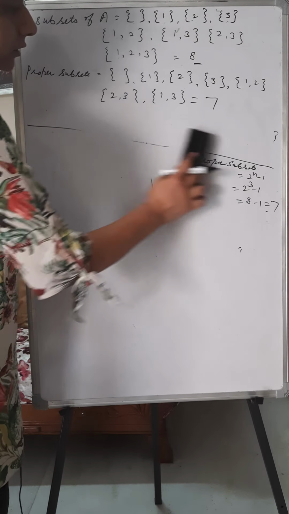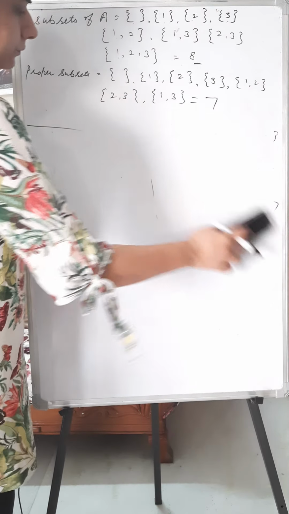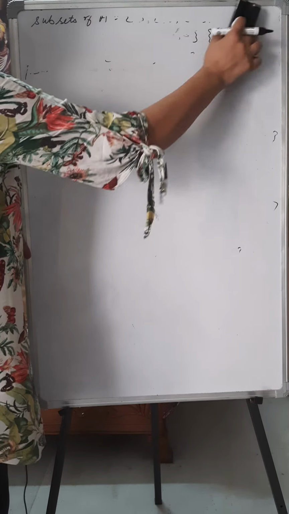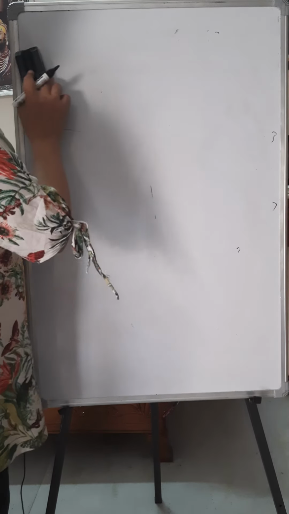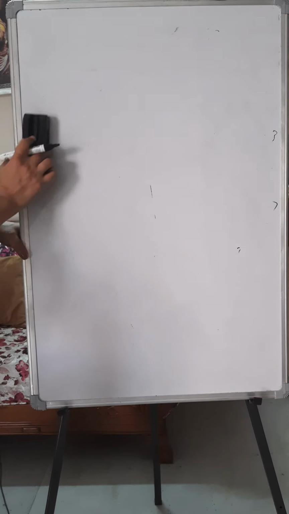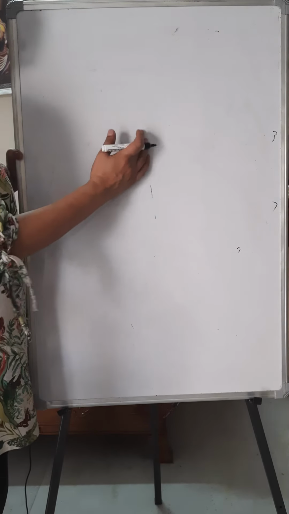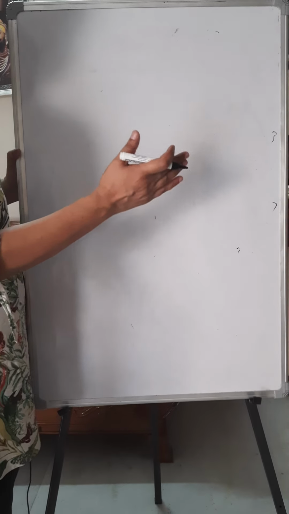Let us move to another question. A subset contains all the elements of the first set belonging to the second, but for the proper subset all the elements of the first belong to the second, and the second also contains at least one more element.